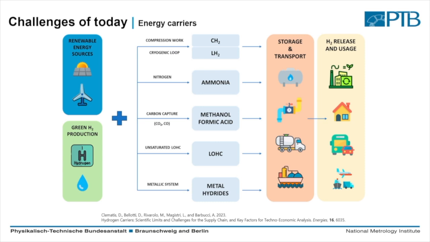We can transform it to different energy carriers, so carbon capture, Sabatier process, so we can form methanol, formic acid, methane, or use the Fischer-Tropsch process to produce even larger hydrocarbons, synthetic fuels, and so on. Also with losses, of course.